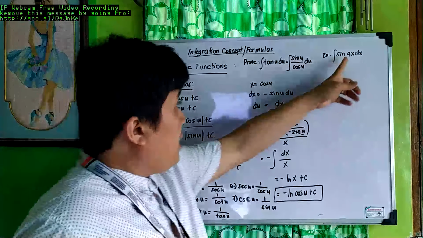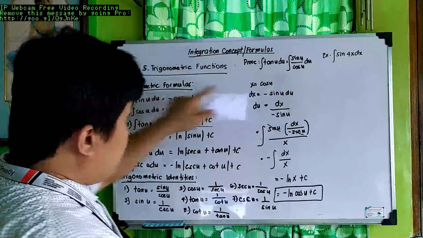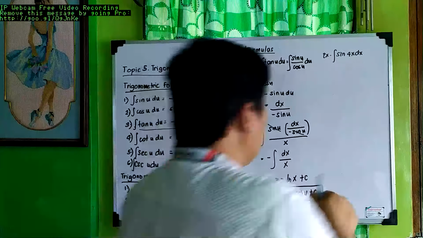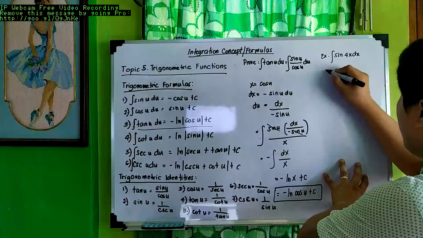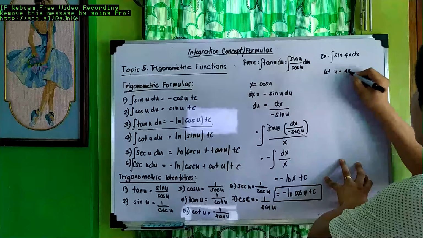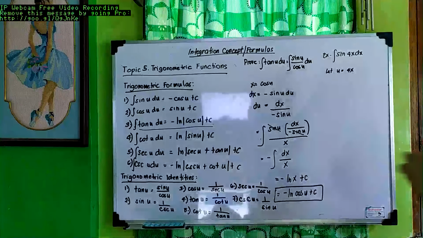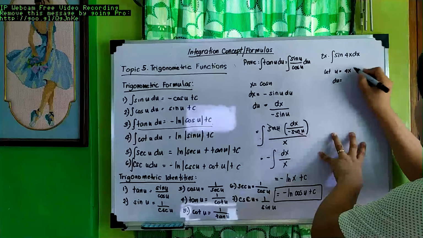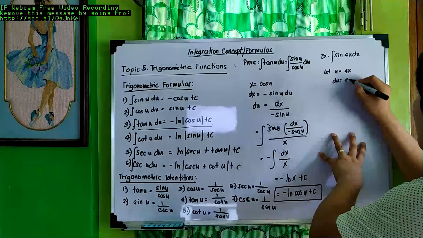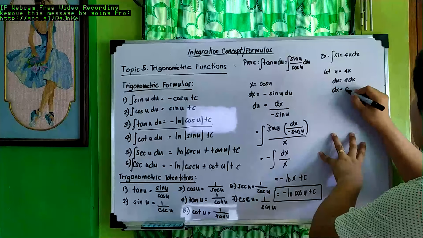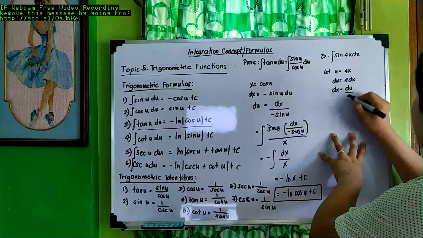But here, your u is the 4x, but this one doesn't have 4 alone. Therefore, you need to first let that value and derive that value. Okay? So your du, the derivative of 4x, is 4 dx. So therefore, your dx will be equal to du over 4.